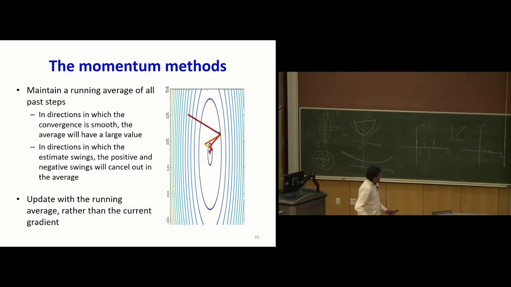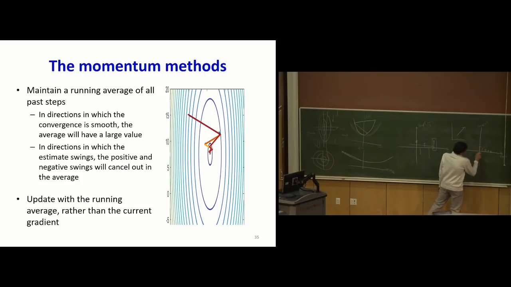But instead of just taking this local step, what I can do is take an average of all the gradient steps that have been suggested to me by the gradient, not the steps that I have taken, but the steps suggested by the gradient. And if I take the average of everything that happened in the past, how large is this vertical step going to be? Over here, things are going to be canceling out, right? And so now the net vertical step, for which I will need a different color, is actually going to be something different, right?